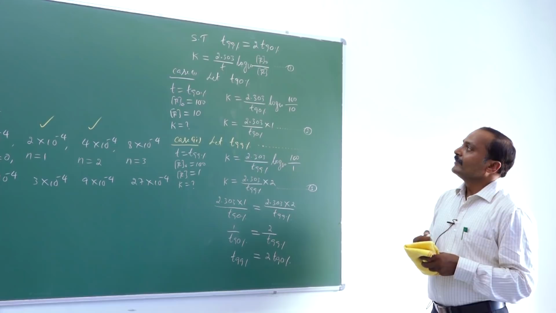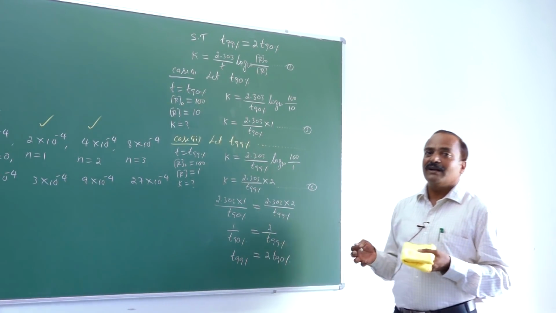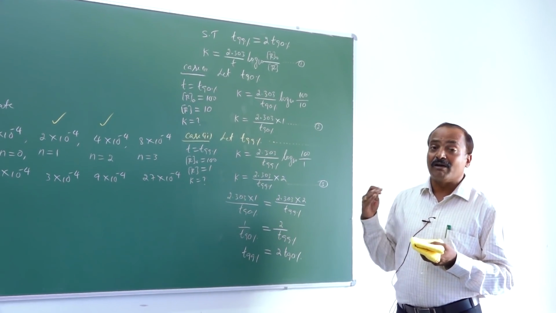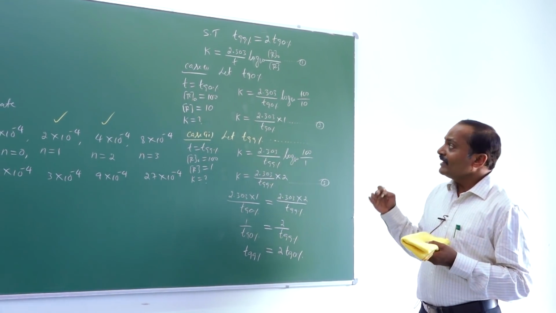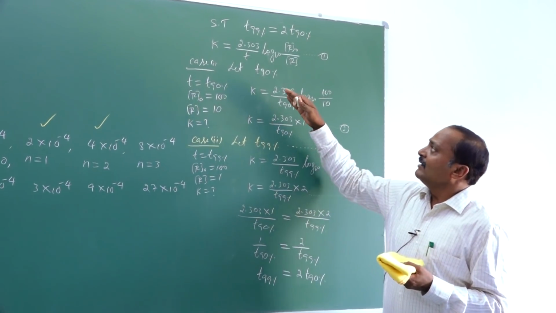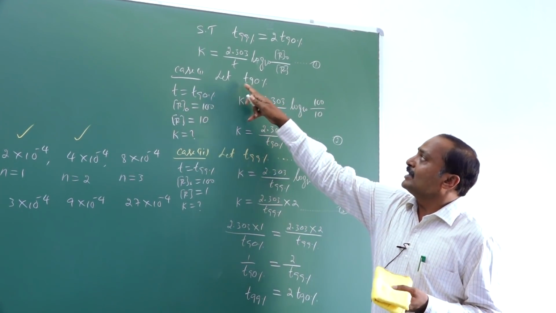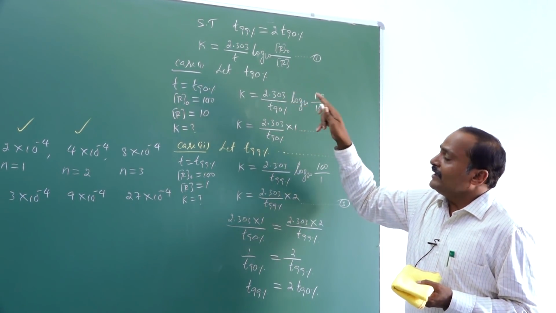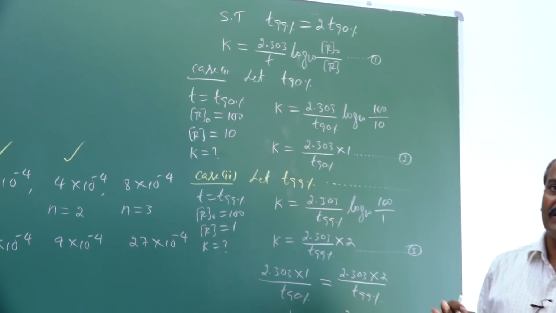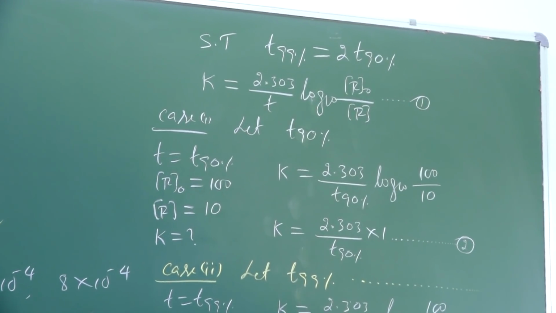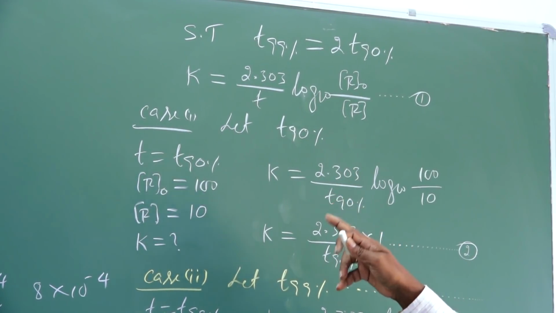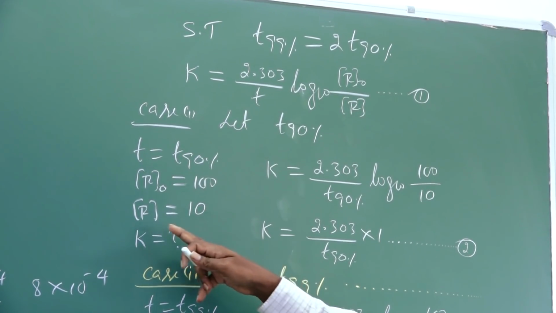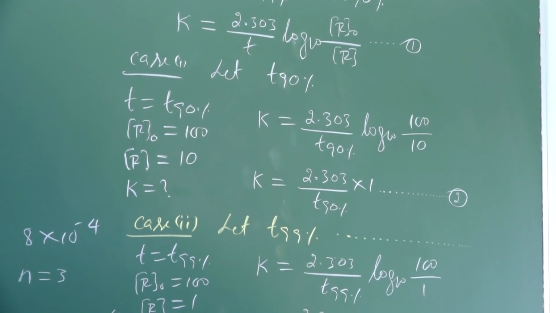We know that the integrated rate equation of first order kinetics is k = 2.303 divided by t log base 10 of R naught by R. Let T90% be the time taken for 90% completion of the reaction. t = T90, R naught is equal to 100, R is equal to 10, where R is the concentration of reactant remaining at time t.